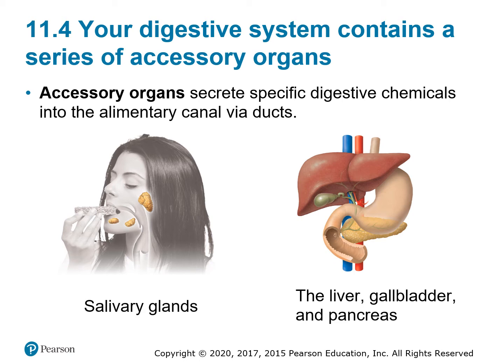Examples of accessory organs include salivary glands, which you can see here, that help with saliva, the liver, so the liver is here, the gallbladder is right here, and the pancreas. So here's the pancreas here. And these all secrete digestive chemicals, digestive enzymes that help with digestion.